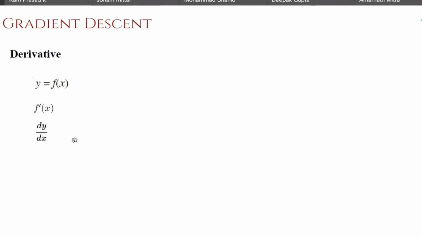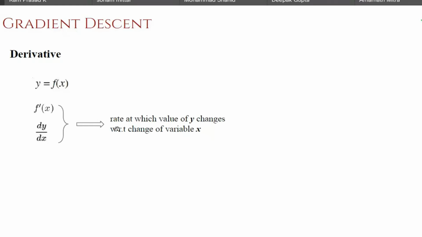When we think in those terms, how do we interpret dy by dx? It is like this. When you make a small change to x, what kind of a change can you expect in y. That relationship is captured by dy by dx. So that's what the first derivative captures.